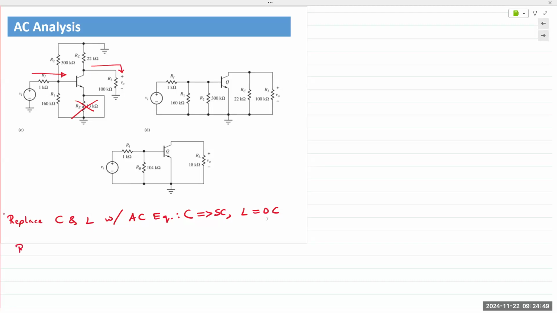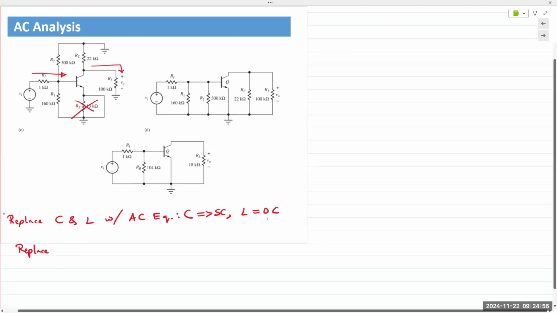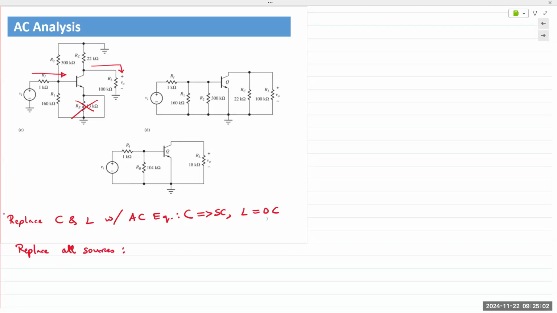We also replace all sources, meaning a voltage source is replaced with a short circuit and a current source is replaced with an open circuit.